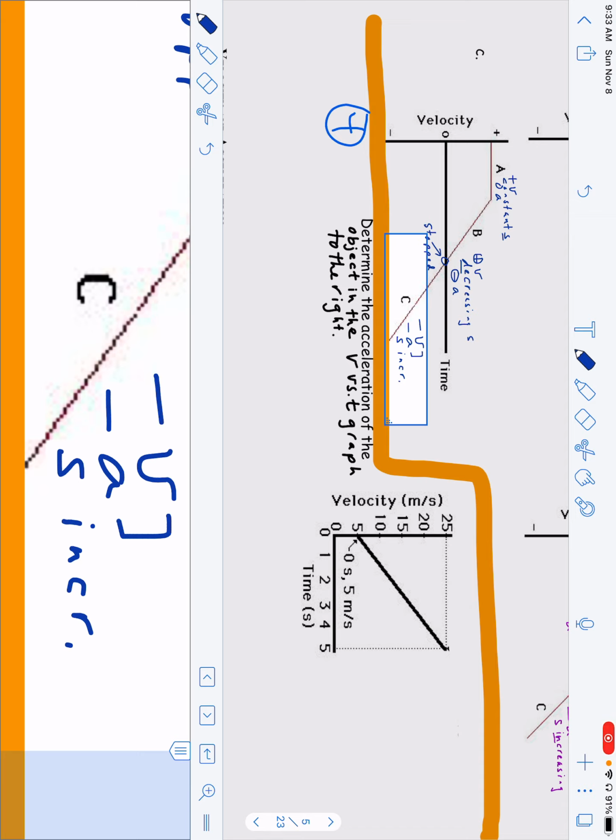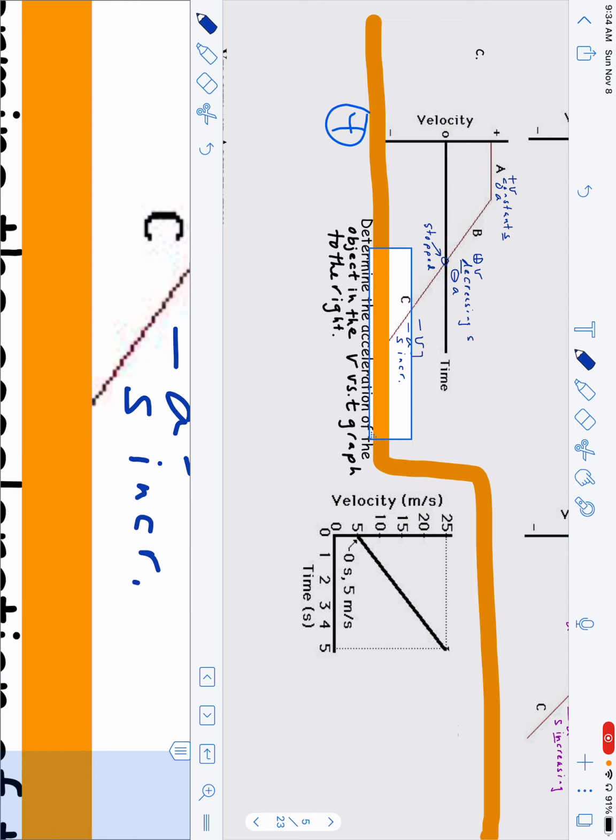Okay, determine the acceleration of the object in the V versus T graph on the right. Well, that's easy. Why did I do this? So you don't just go 25 divided by 5. A lot of people go, oh, it's just a slope. Acceleration is a slope.